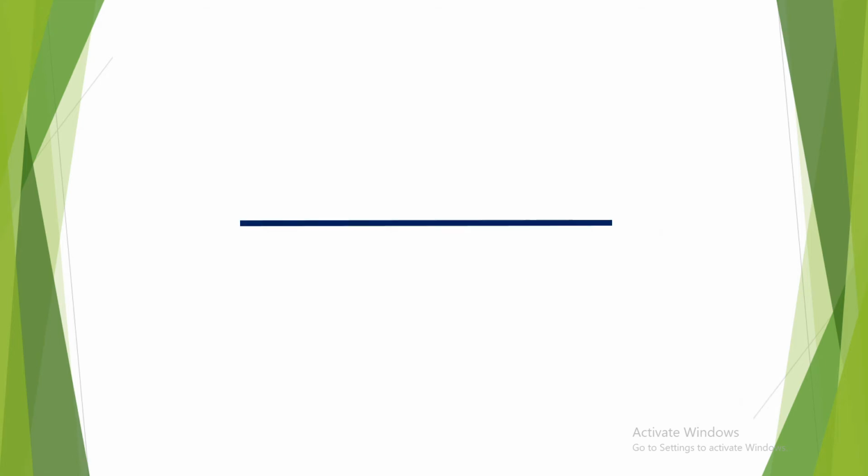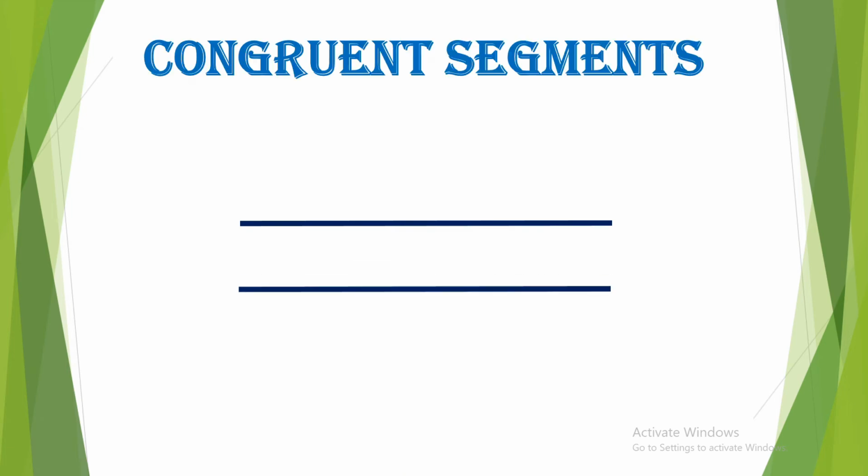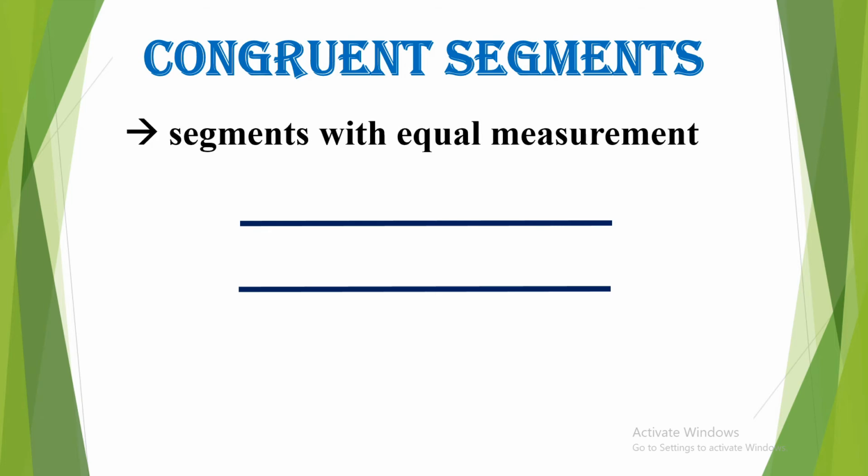If we have what we call congruent angles, we also have congruent segments. So we have here a segment and a copy of that given segment. These are called congruent segments. So by definition, these are segments with equal measurement.